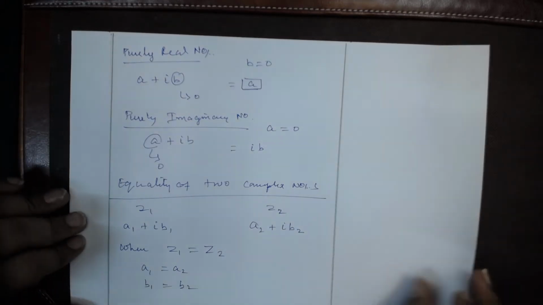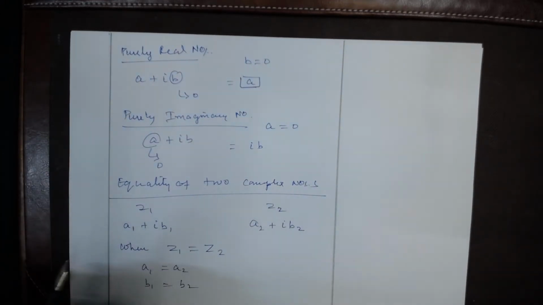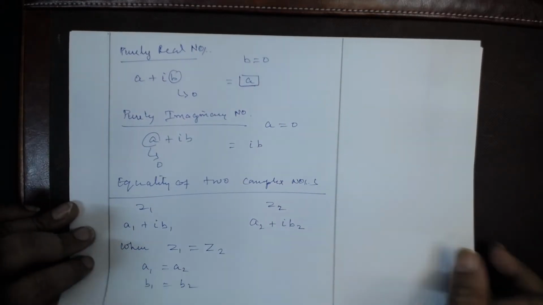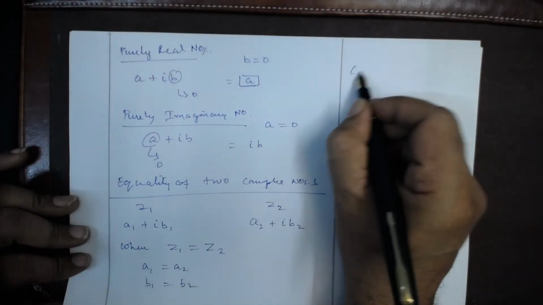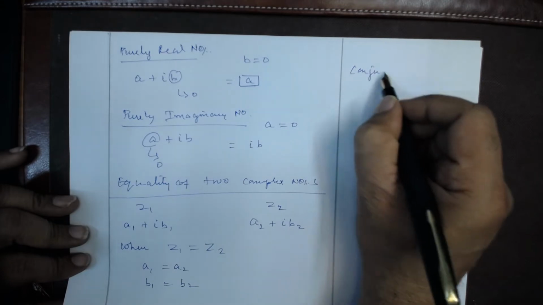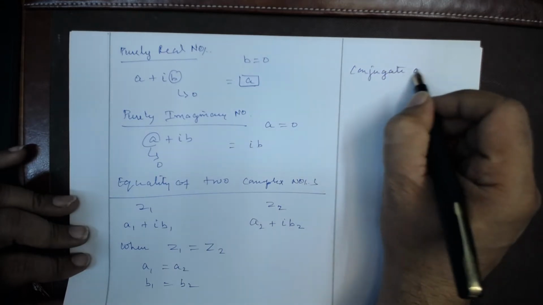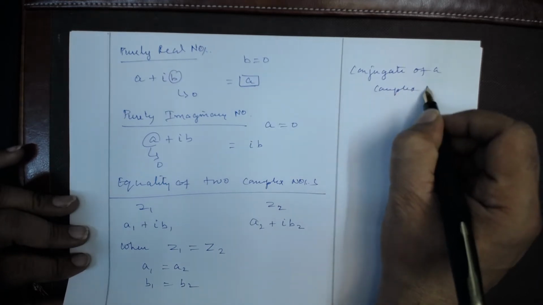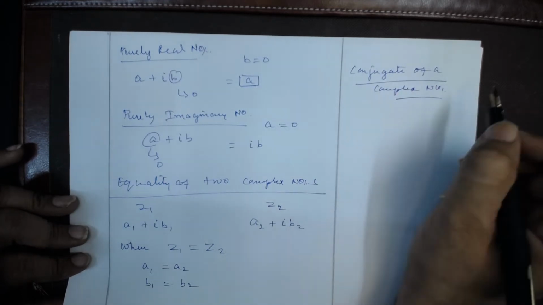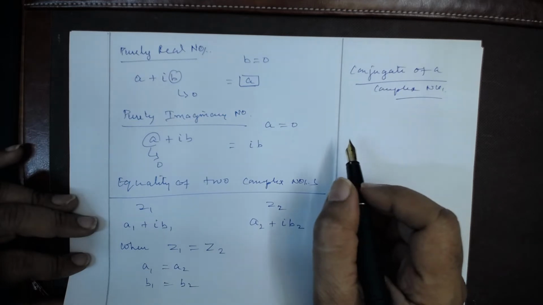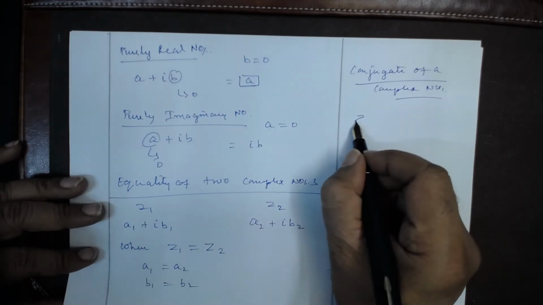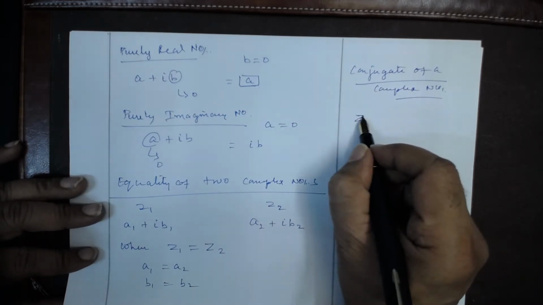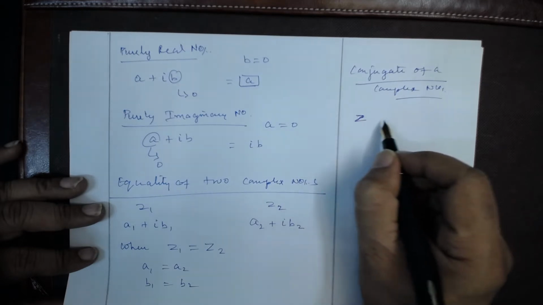Next one. Conjugate of a complex number. Let me consider Z. Z is pronounced as Z here.